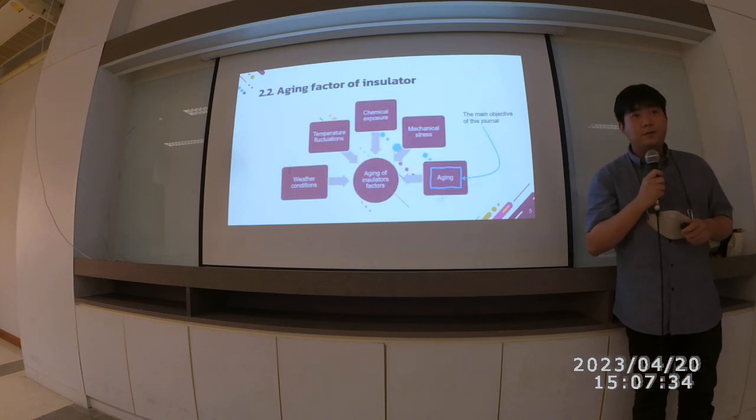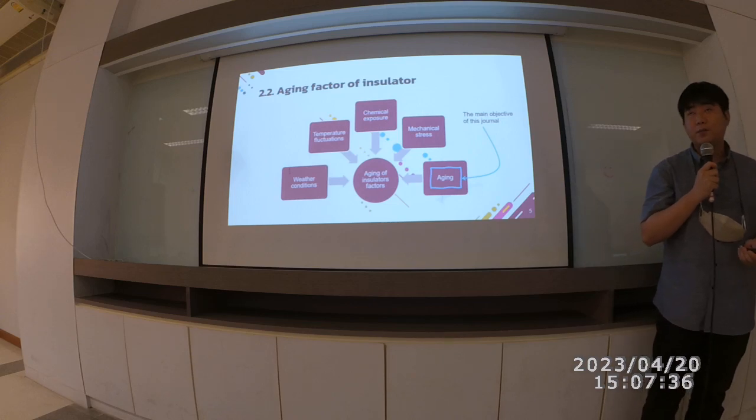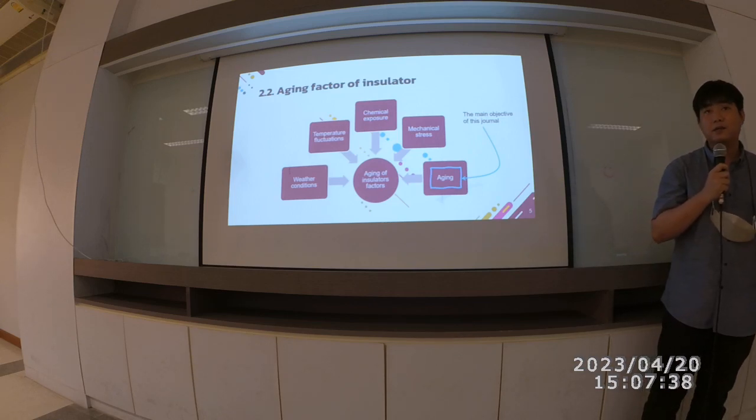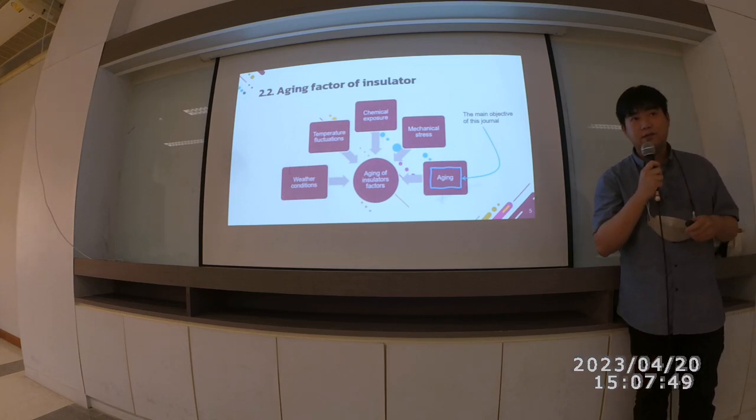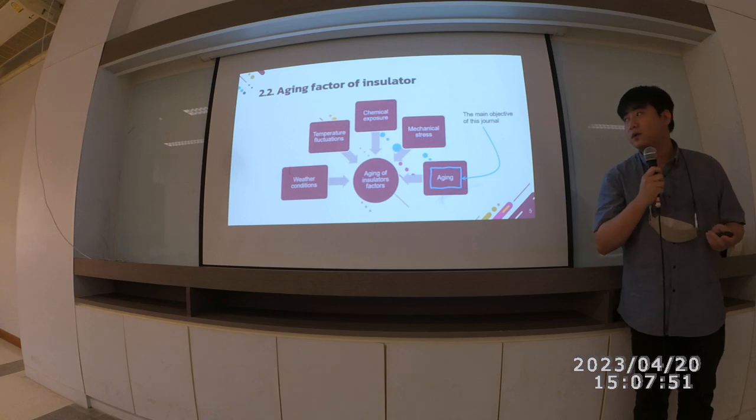So an insulator can degrade over time due to various factors. First of all, since the insulator is used outdoors, it is exposed to weather conditions such as rain, wind, or snow.